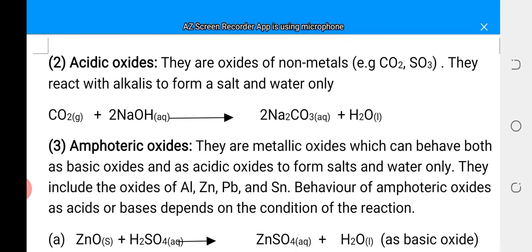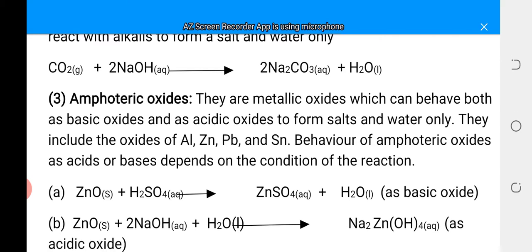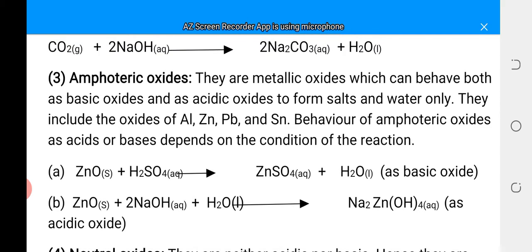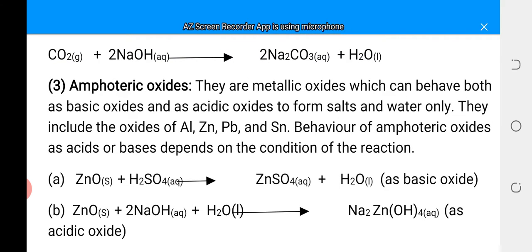Zinc oxide, for instance, can react with H2SO4, as you can see here, to give us ZnSO4 and H2O. It can also react with NaOH in the presence of a small amount of water to give us Na2Zn(OH)4.